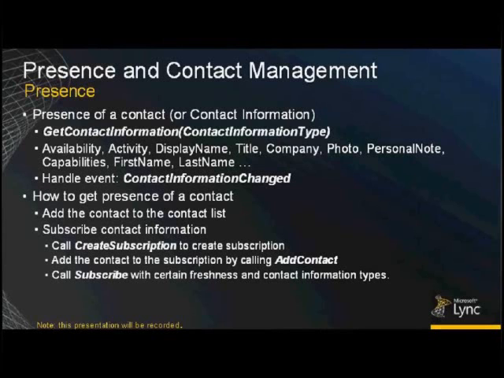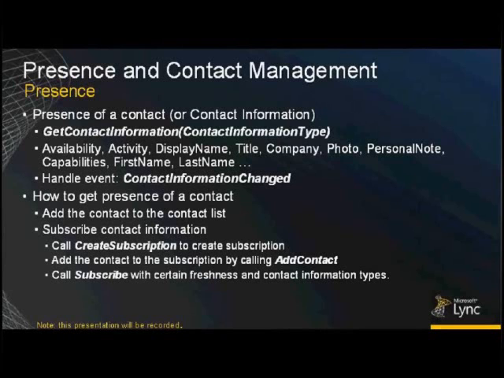Usually you can get availability, activity, display name, title, etc. So once you get it, you need to register for the contact information changed events to monitor whenever the contact has changed its information.